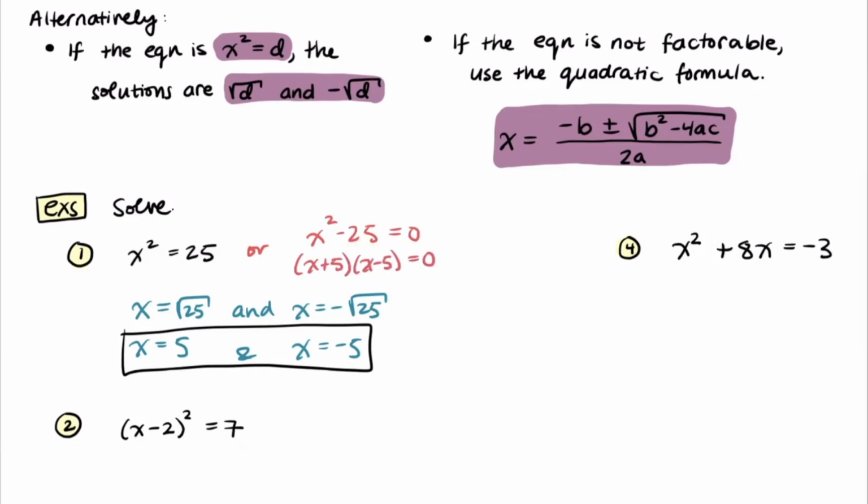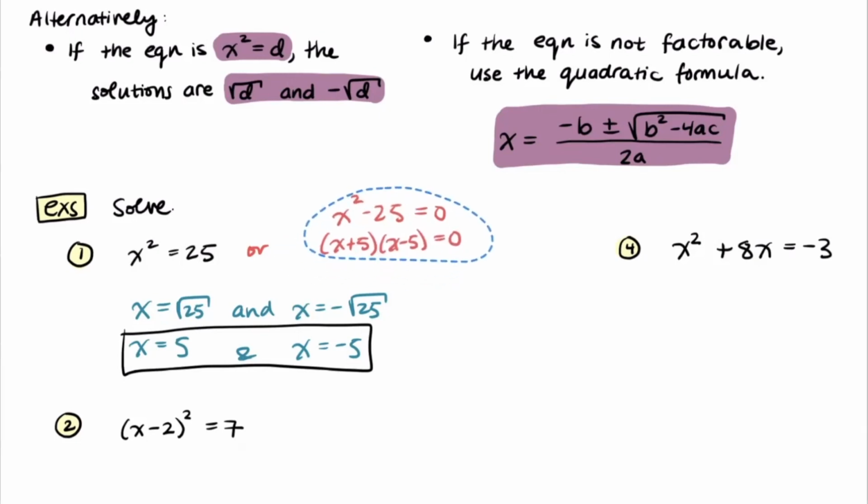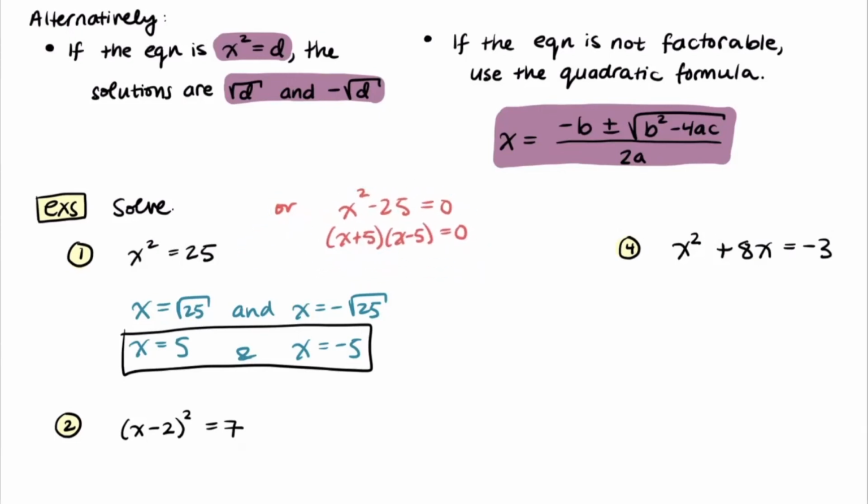This illustrates why we get 2 different solutions, because when you set this first factor equal to 0, this would give you x equals -5, and this factor gives you x equals +5. So that way also shows you why you get two different answers.